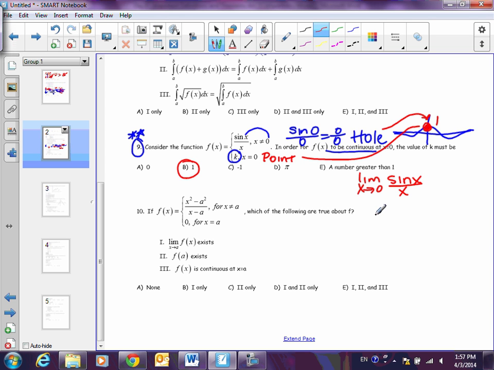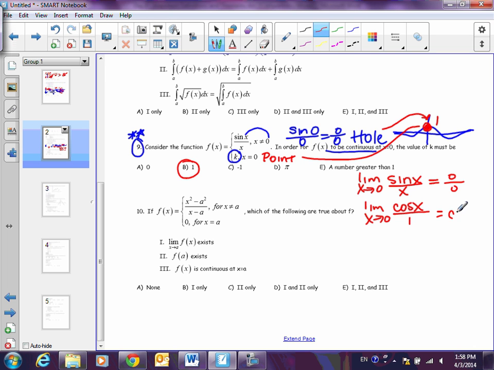On the A/B test, you will not be asked to do a limit like this without a calculator, but it actually is really easy to do using our new L'Hopital's rule. So when you plug 0 in and you get 0 over 0, and there's no way to factor or something like that, you can use the calculator and use the table, or you can use L'Hopital's rule, which means you just take the derivative of the top, cosine x, take the derivative of the bottom, which would be 1, and you plug 0 in again.